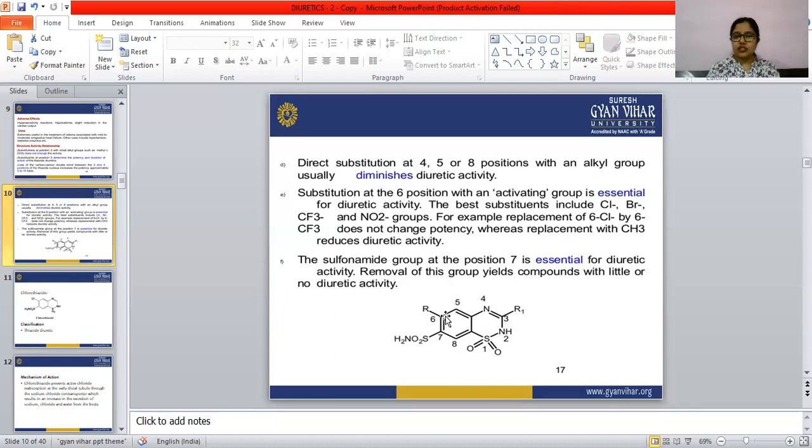This structure says everything about the SAR of this thiazide drug. If we substitute H here and Cl here with the double bond, that is known as chlorothiazide. If we substitute H here and the chloride here without this double bond, that is called hydrochlorothiazide. These two drugs are very important, and the synthesis of chlorothiazide is again very important.